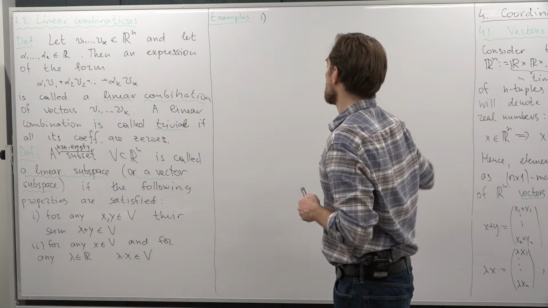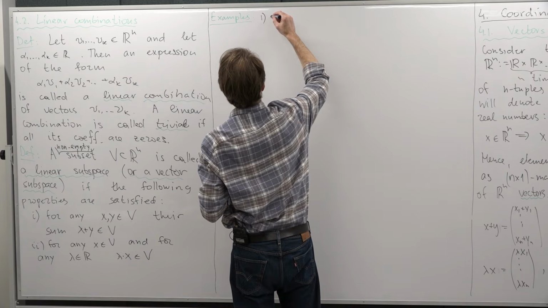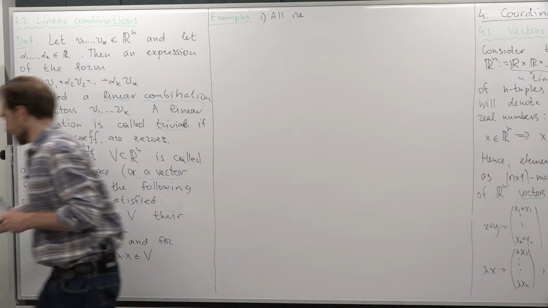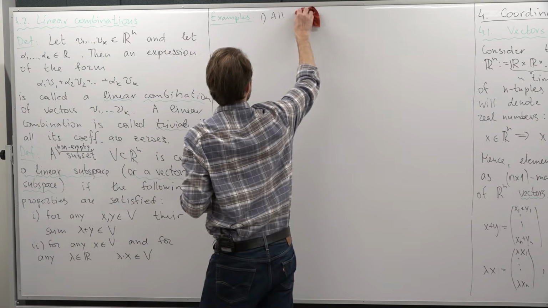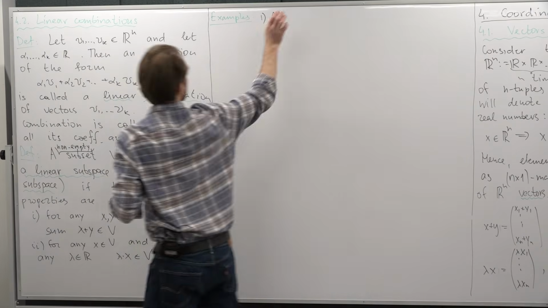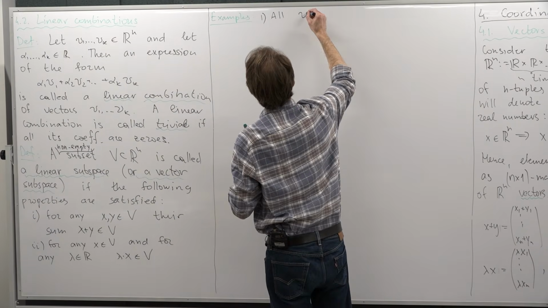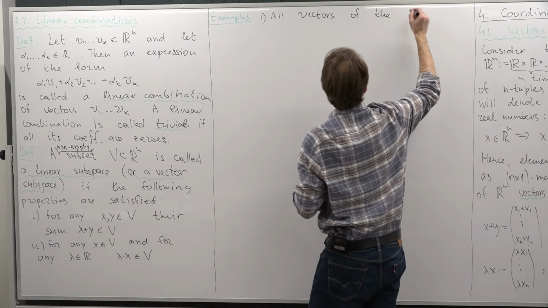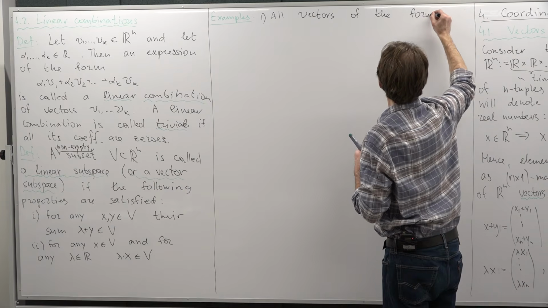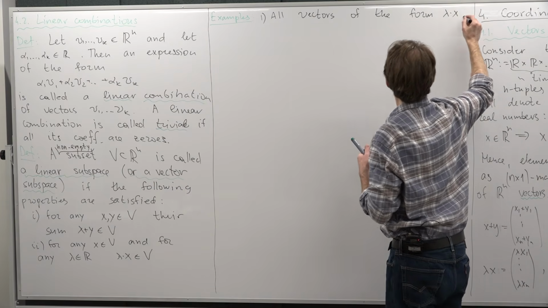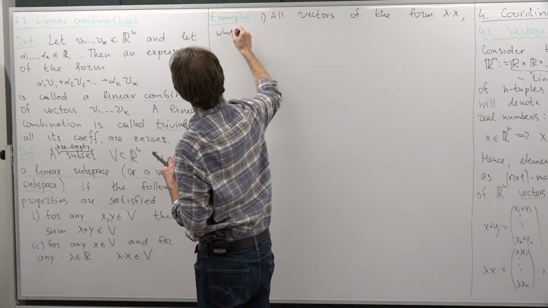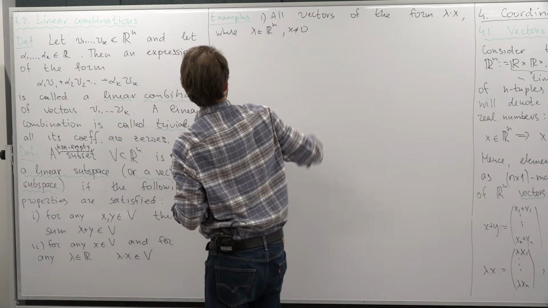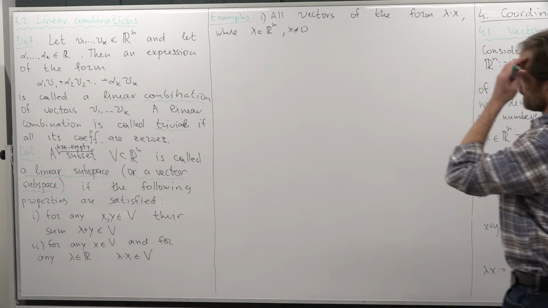So first of all, vectors proportional to some vector from Rn. So all vectors of the form lambda times x, where x is some vector from Rn, and I will consider it to be non-zero.